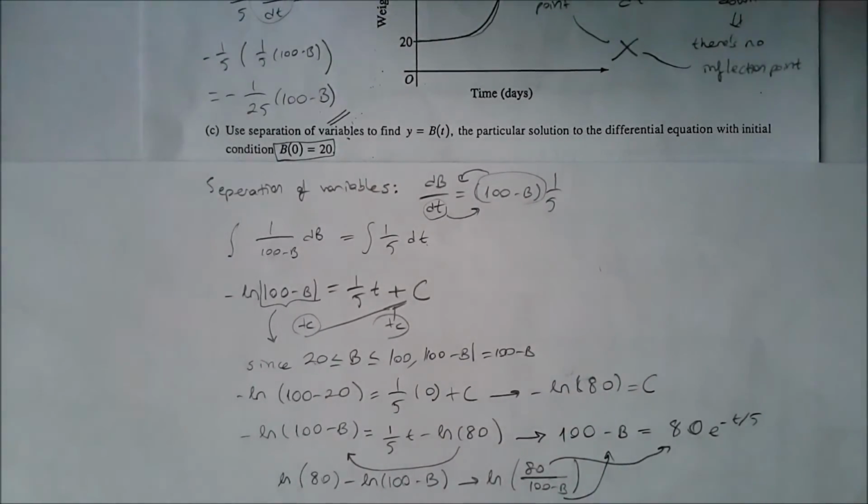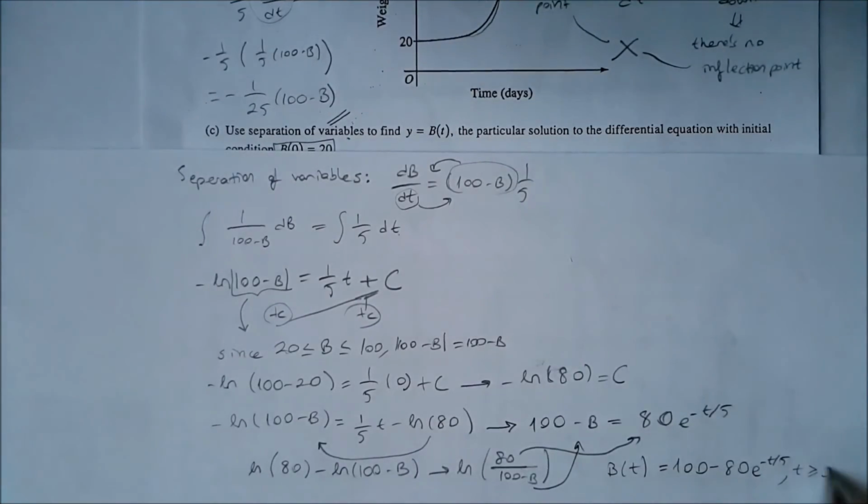So that is where these come from. Now, since we turned the equation into this, we're going to work with this to leave b alone. So b(t) is equal to 100 minus 80e to the power negative t over 5.